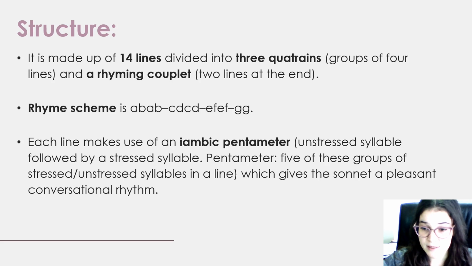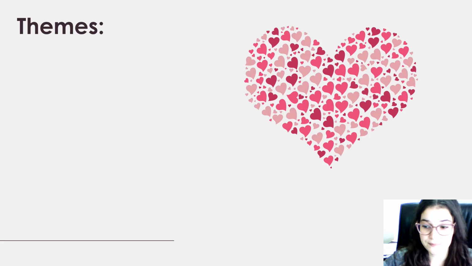And pentameter means 5 of these groups in each line. So in every line, there are 5 unstressed and 5 stressed syllables. And this gives the sonnet a pleasant conversational rhythm. So guys, if you can see these characteristics in the poem, it's likely to be a sonnet.